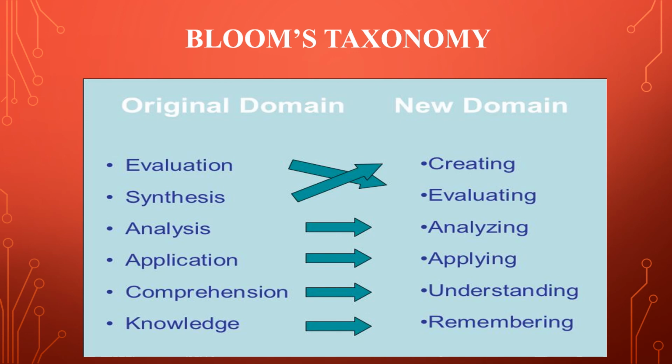The cognitive domain was subdivided into the following mental skills: knowledge, comprehension, application, analysis, synthesis, and the last one, evaluation. The new list of skills are as follows: remembering, understanding, applying, analyzing, evaluating, and creating.